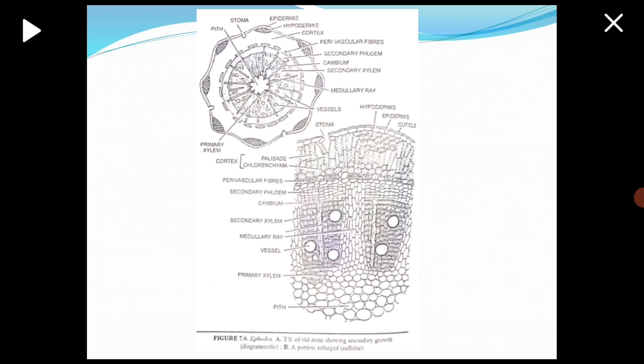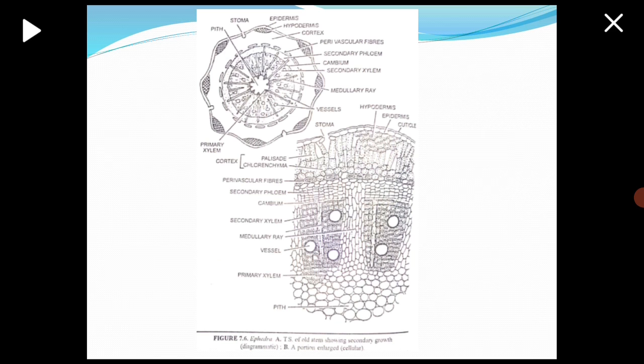The secondary xylem of Ephedra is characterized by the presence of vessels. Usually the vessels are not present in gymnosperms. The vessels are formed more abundantly in the springwood as compared to autumnwood. The vessels are larger and broader.